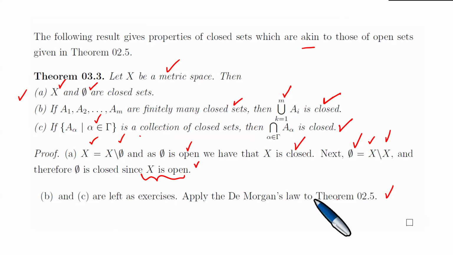But now, how do we prove that the whole space X itself is open? We take the complement of the empty set, and as the empty set is open, we have that X itself is closed. The set is closed if its complement is open.